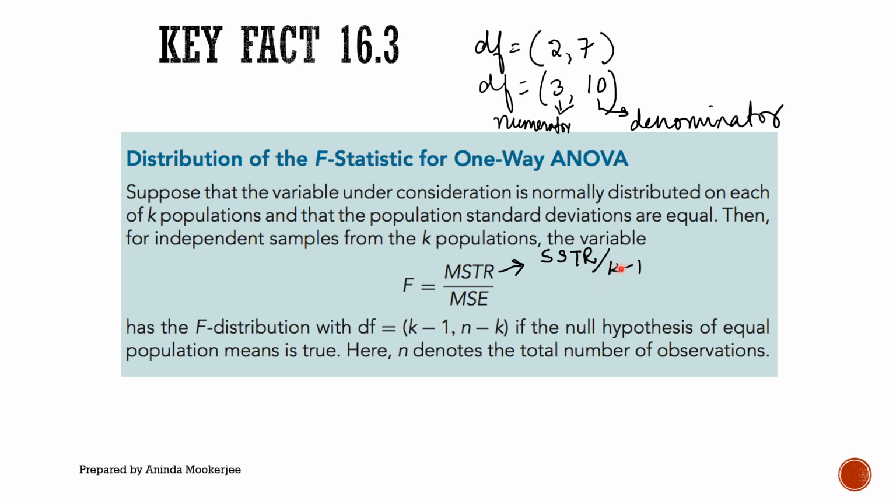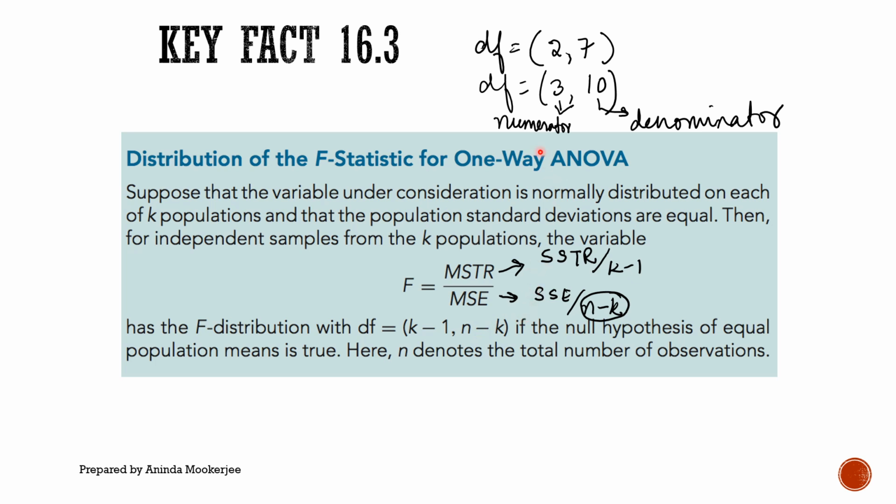That's the numerator DF, because we use that to calculate the numerator of the F value. Likewise, for MSE, the formula was SSE divided by n minus k. That is what we use to find the denominator of the F value.